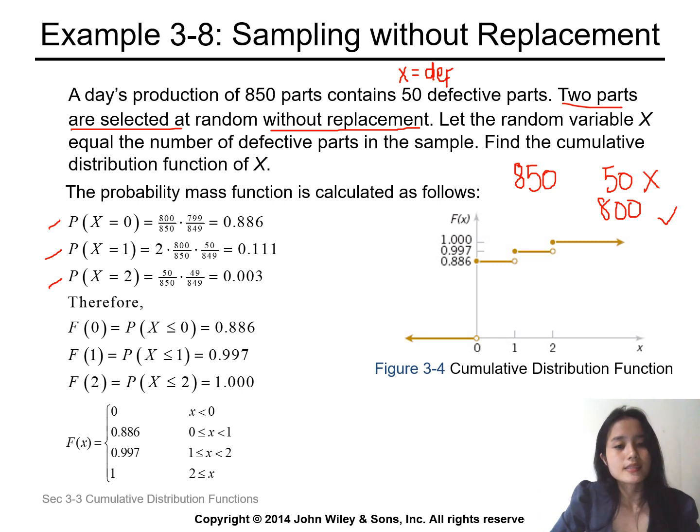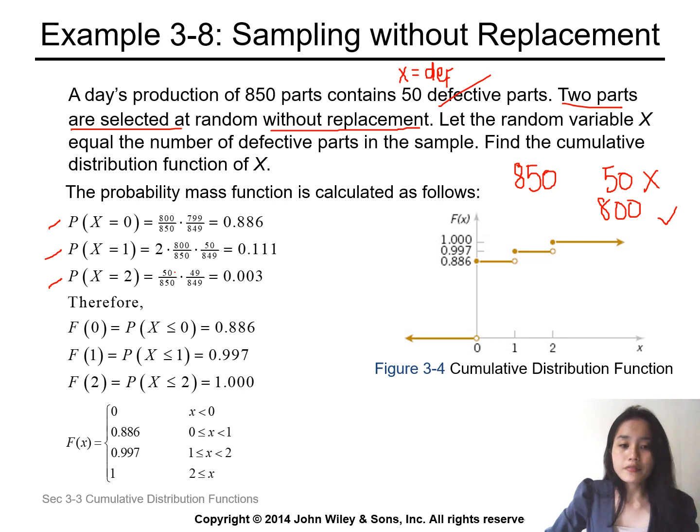For X equals 2, both parts are defective. So 50 defective over 850 total parts times 49 over 849, since it is without replacement. The answer to that is 0.003.